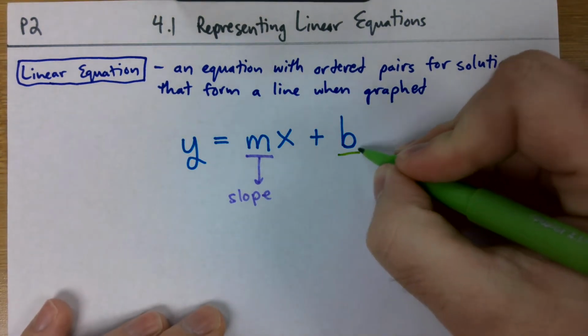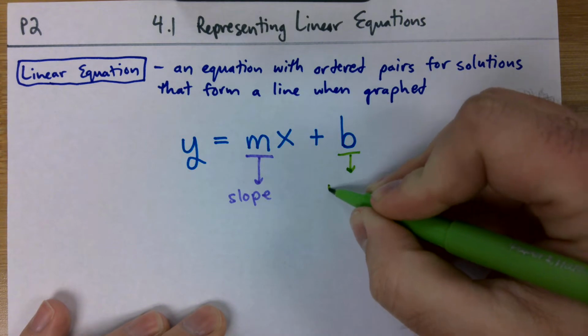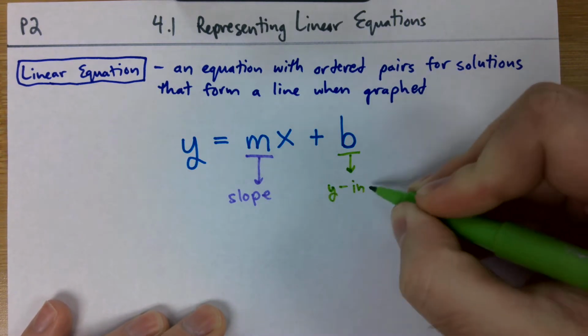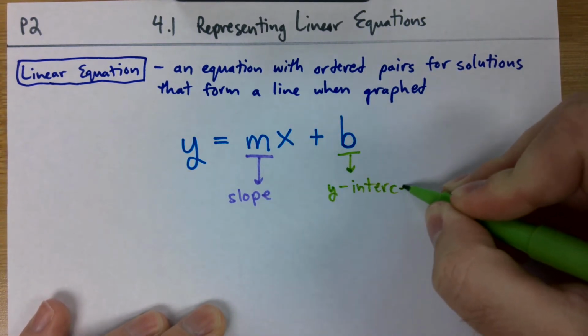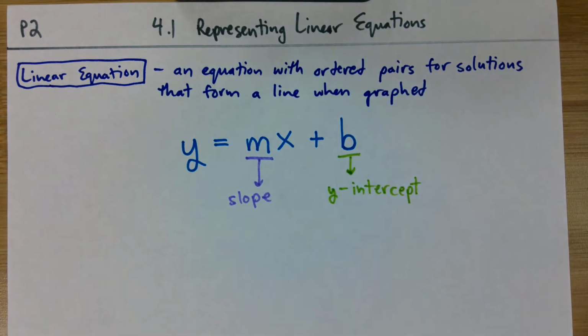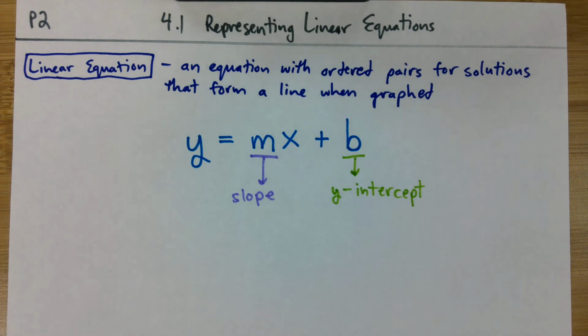B is a little something called our y-intercept. Has anyone ever heard the term intercept before? Jordan's heard it. Anyone else heard of the word intercept? Okay, a couple people. Where have we heard the term intercept before?